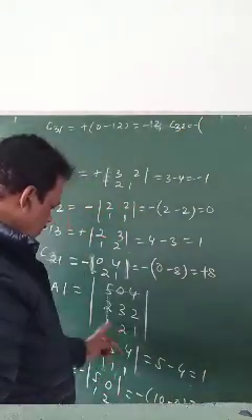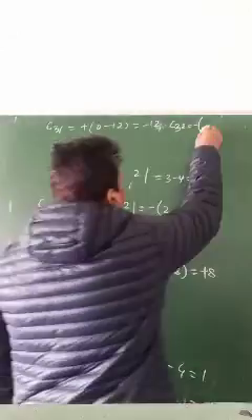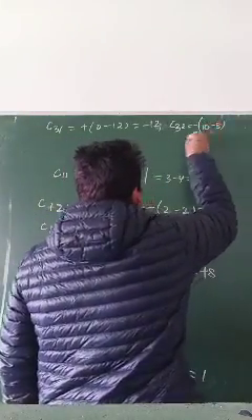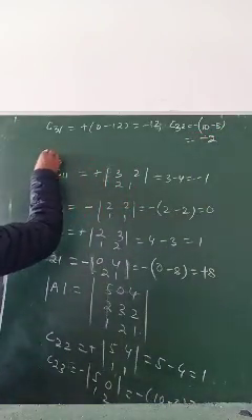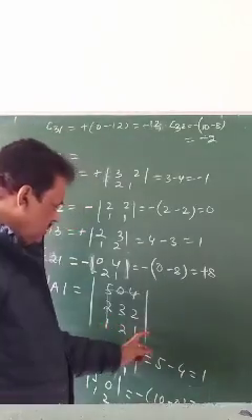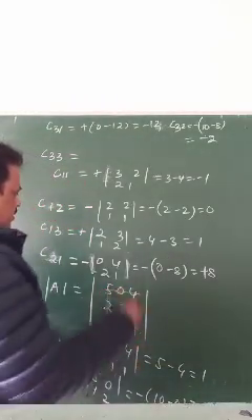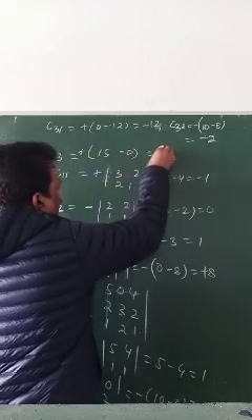This place, forget this line. 10 minus 8, that is minus 2. C33, this place, forget this. 15 minus 0, 15.